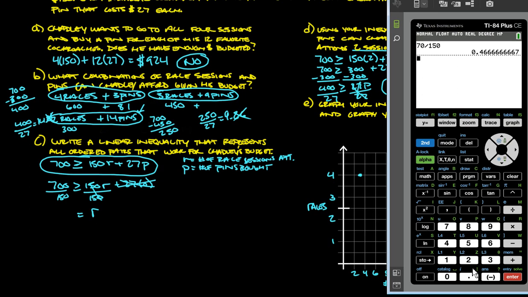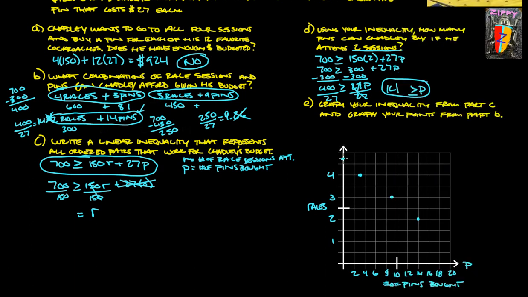I'm going to put that into a fraction on the graphing calculator: math, enter, 7/15. Oh, I only did 770. That's probably part of the problem. 700 divided by 150. That's better. 4 and 2/3. Okay, so here's 4, here's 5. 4 and 2/3 is going to be about right here.